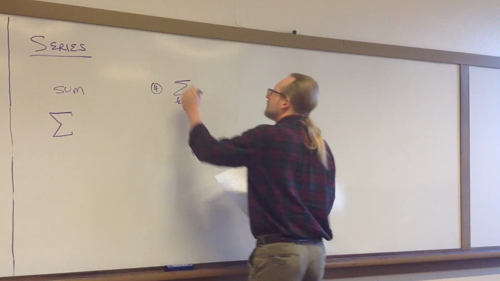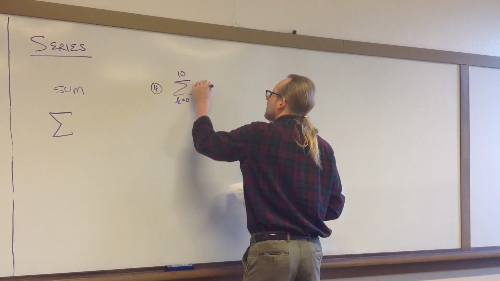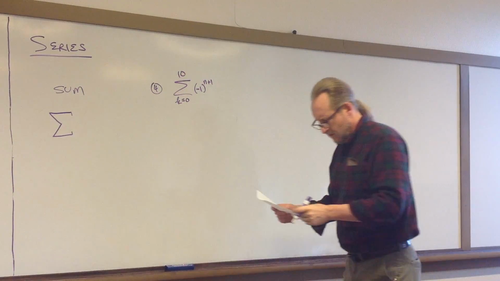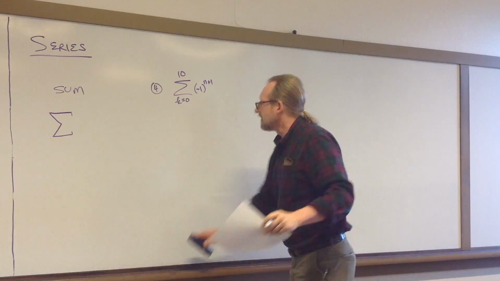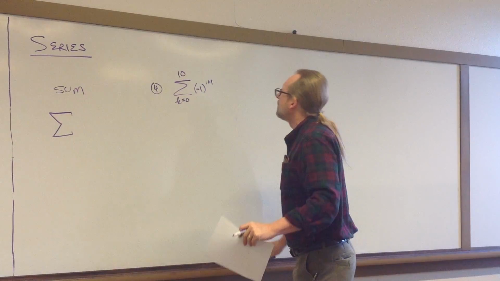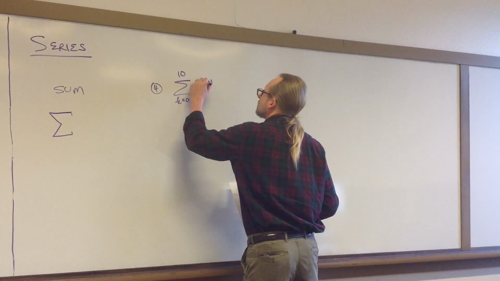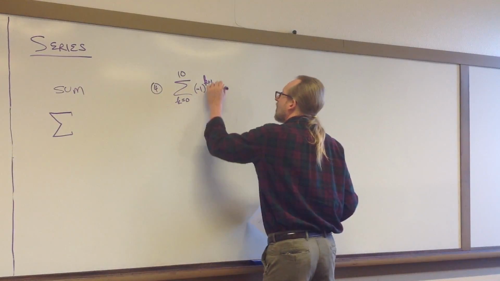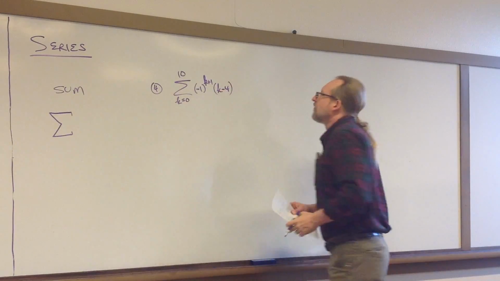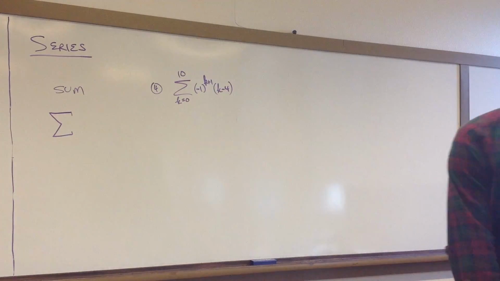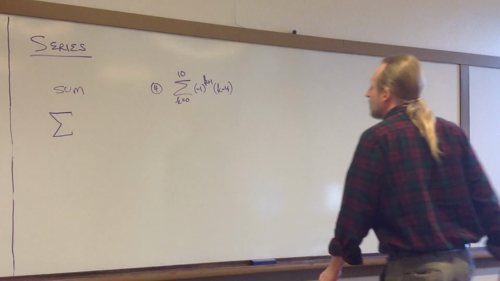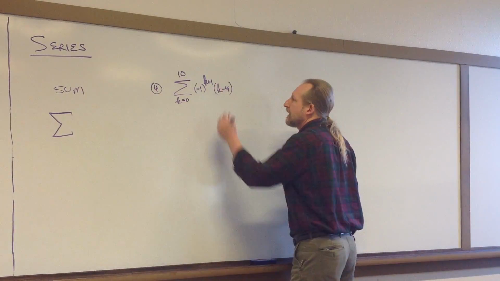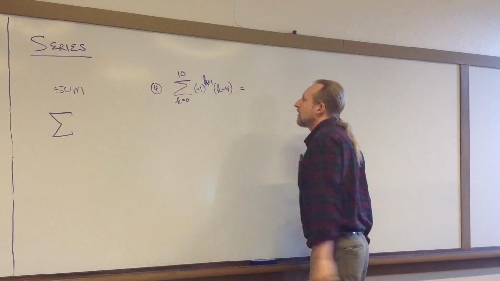Let's see, k from 0 to 10, negative 1 to the k plus 1, told you I have a bad habit of using n there. And then times k minus 4. Well, that's a pretty simple formula. The only thing that's a little bit out of the ordinary about it is this negative 1 to the k plus 1, and that's just going to make it alternate.